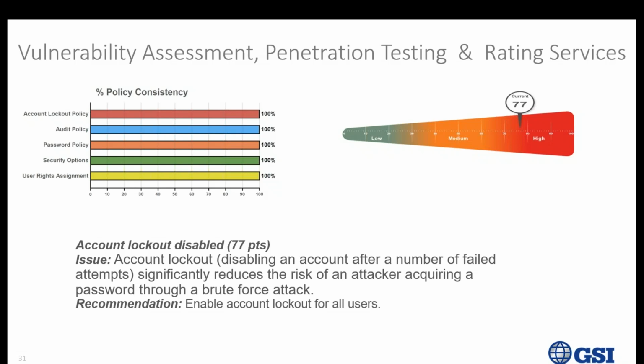Something like an account lockout is a pretty easy thing to configure, but it's also a pretty serious thing, so that would be a higher rating. Again, this is just an example of something that goes along with a vulnerability assessment. This is not typical of a pen test, but it may be in a vulnerability assessment. It may be included in a rating system.